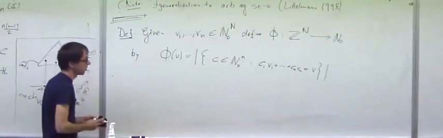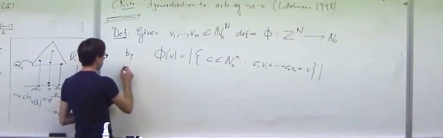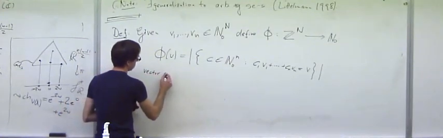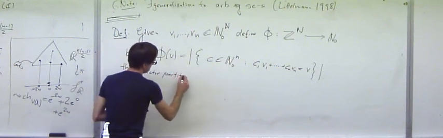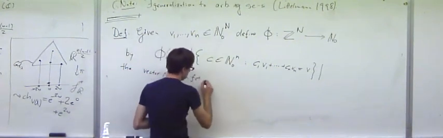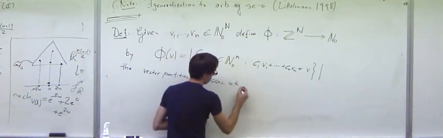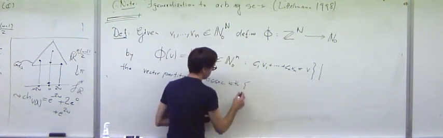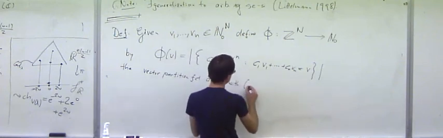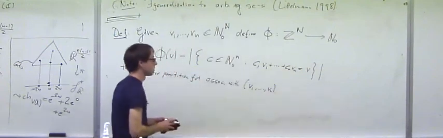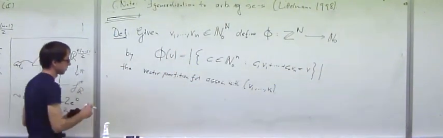Cardinality of this set. So this is the so-called vector partition function associated with this list of vectors v1 through vn. So why is it called vector partition function?